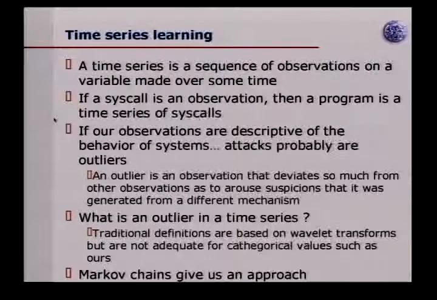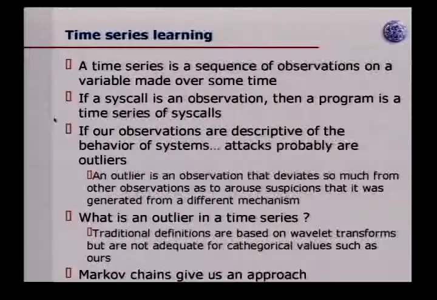So, if a syscall is an observation, a time series of syscalls is a program. A program is a sequence of syscalls. So, if this time series of syscalls is really a good description of the behavior of the system, and how could it not be?